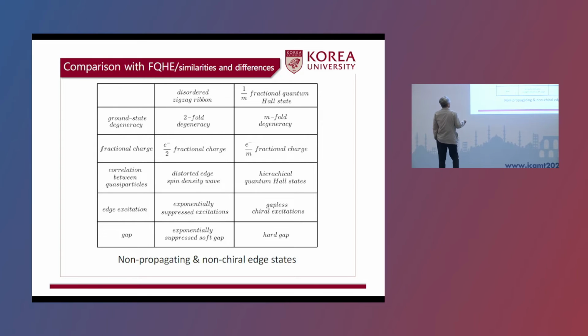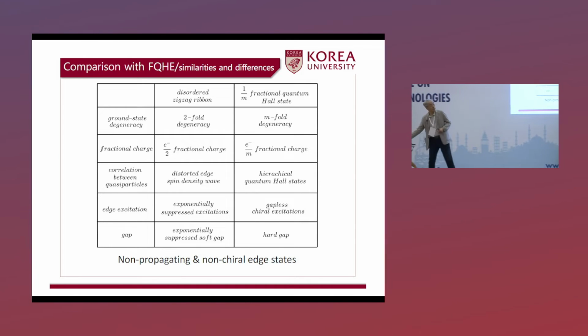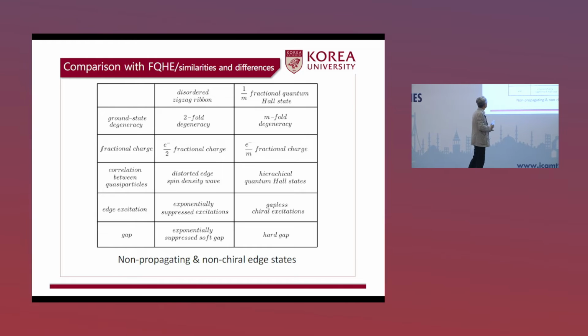Disordered zigzag nanoribbon, the ground state has twofold degeneracy, and Laughlin state has m-fold degeneracy, where m is an odd integer. Now, disordered zigzag nanoribbon has 1/2 fractional charge, but the Laughlin state has 1/m fractional charge.